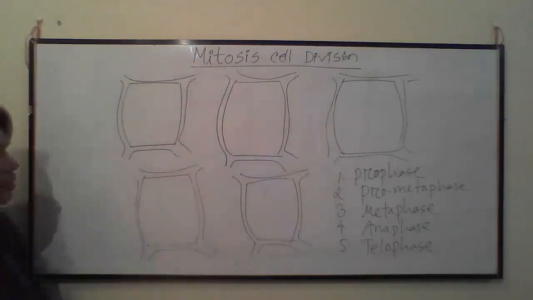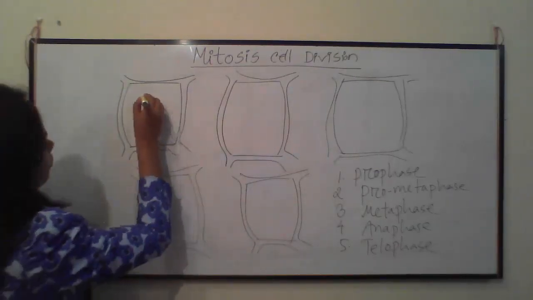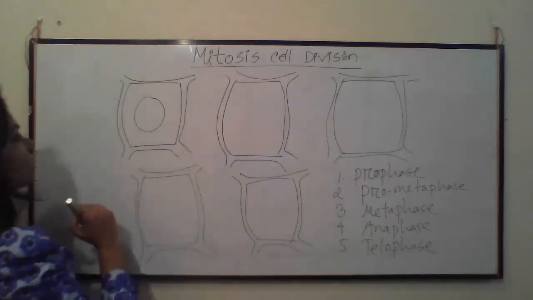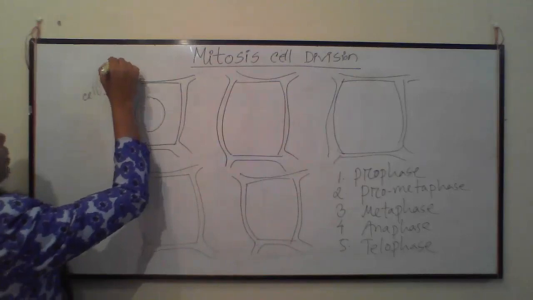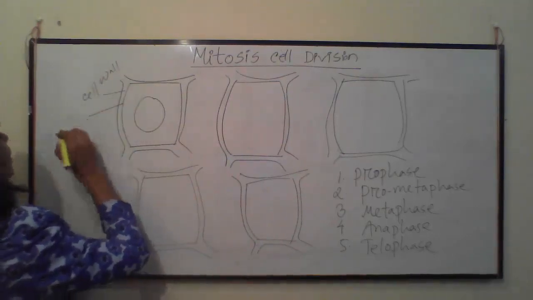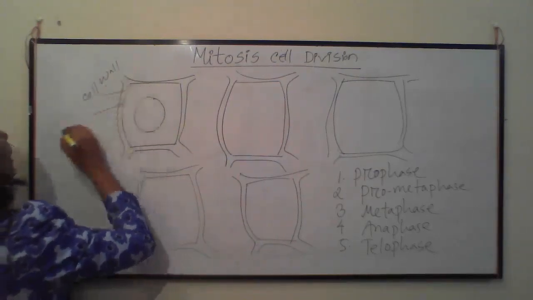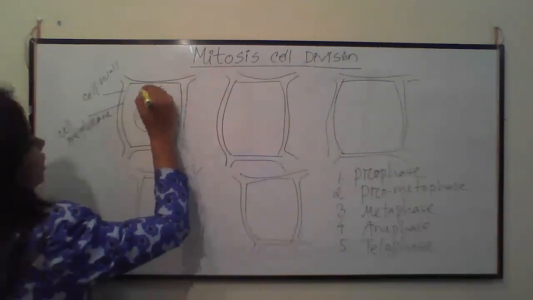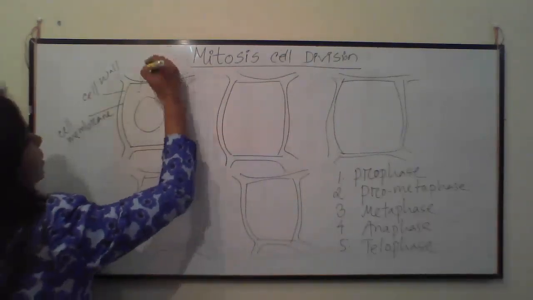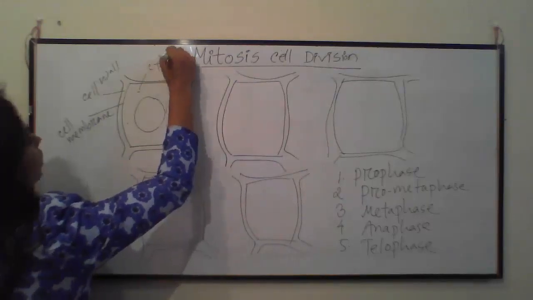So this is the plant cell and the nucleus. This is the cell wall and the inner membrane, the cell membrane, and the jelly fluid, that is the cytoplasm.